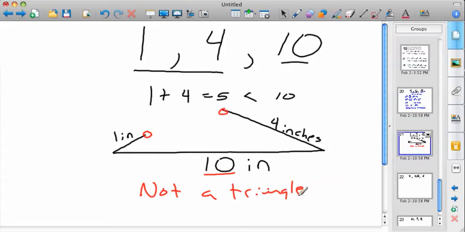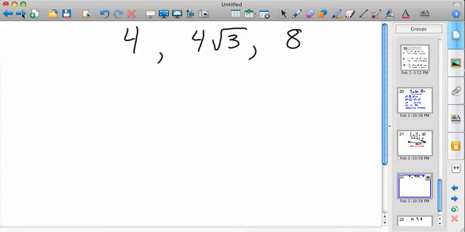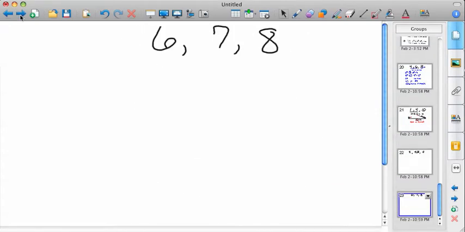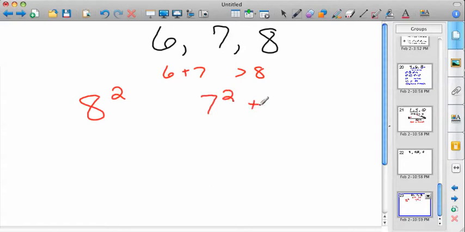Okay? Alright, we're going to skip this one for now, but we'll come back to it. Okay, 6, 7, and 8. So again, 6 plus 7 is 13, greater than 8, we're good for a triangle. If you go in here, 8 squared is, again, your hypotenuse, possibly, and 7 squared plus 6 squared.